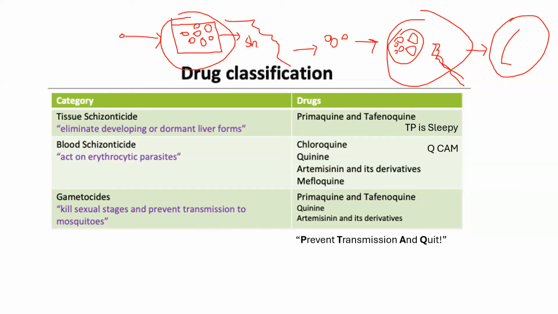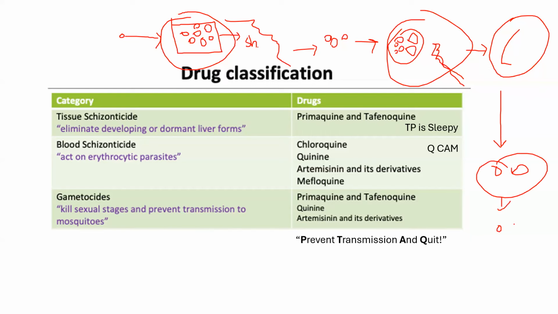Now, we have drugs that target each stage, but just to continue. After multiple cycles of infecting an RBC and rupturing, and infecting an RBC and rupturing, and doing whatever they want in the body, I'm not going to go into the details, but in the end, you're going to get gametocytes. These gametocytes are what are taken up by the mosquito.